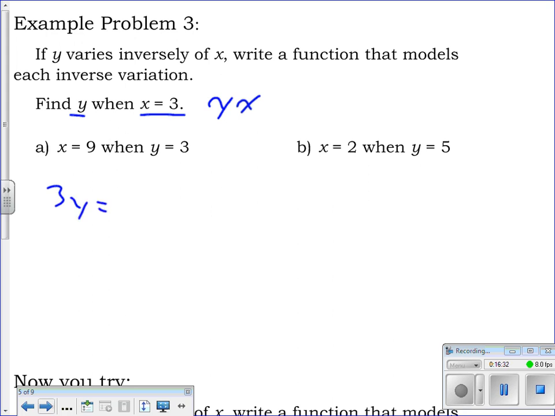So that means 3y equals this times this. 3 times 9. 3 times y equals 3 times 9. What is y? It's kind of ridiculous. Yeah, that one's a really stupid one. But if you didn't see it, what would you do? You'd multiply 3 times 9, then divide by 3, and you'd be okay.